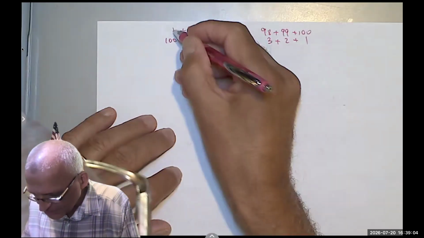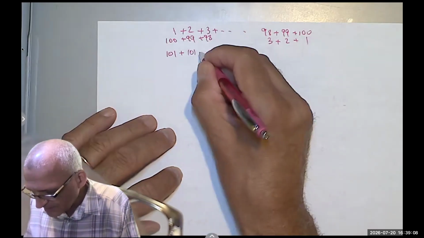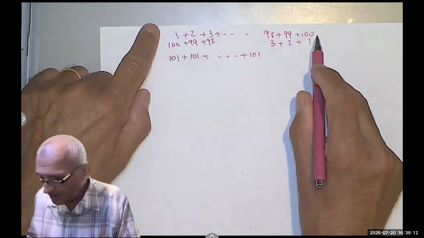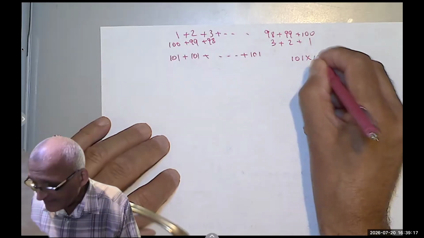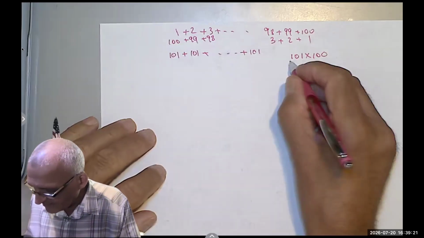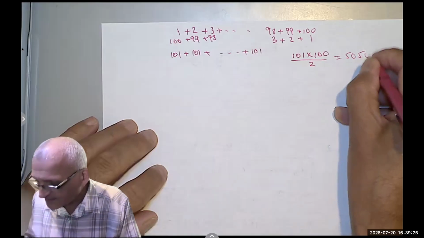I found that each one of these two equals 101 plus 101 plus 101. How many of them? 100. So I said the answer must be 101 times 100. And then I remembered, oh, I doubled them. I counted them twice. So I divided by 2 and got 5050 is the answer.